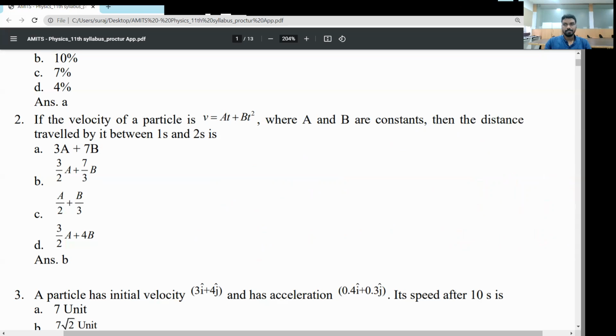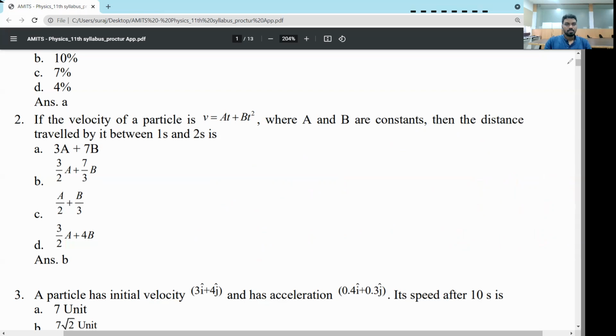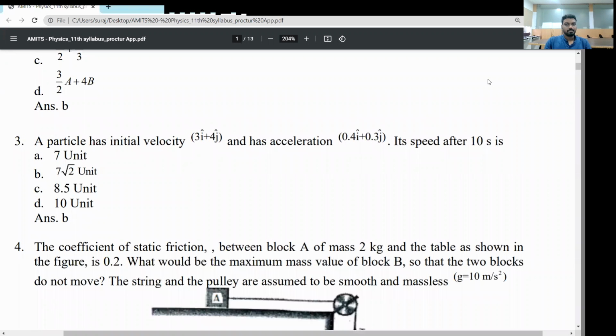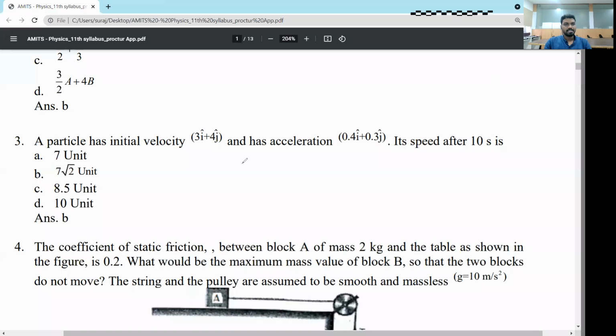Third question, what is given? A particle has initial velocity 3 i cap plus 4 j cap, and its acceleration expression is given. Find its speed after 10 seconds. Very easy question. U vector is given, 3 i cap plus 4 j cap, and a vector is given, 0.4 i cap plus 0.3 j cap.